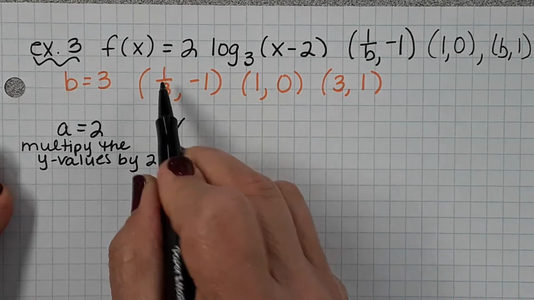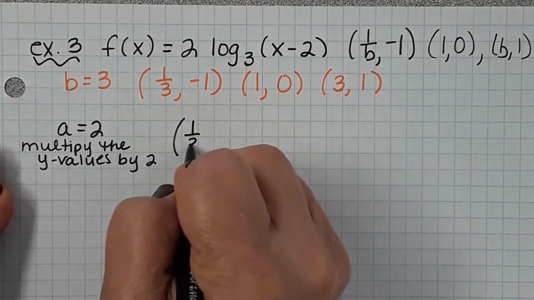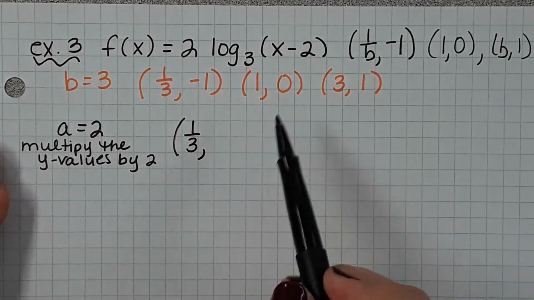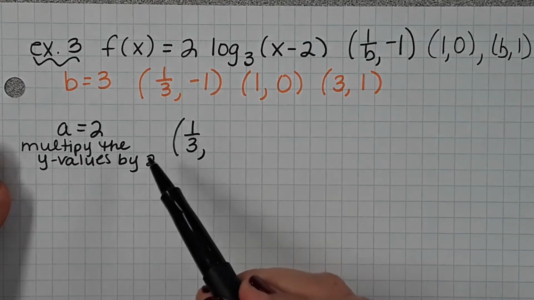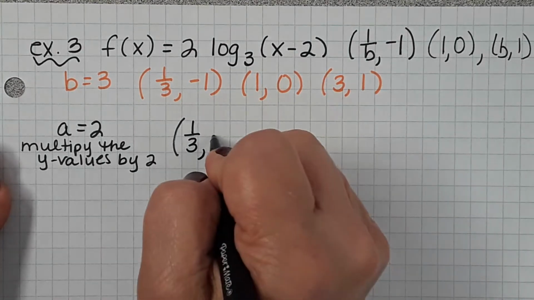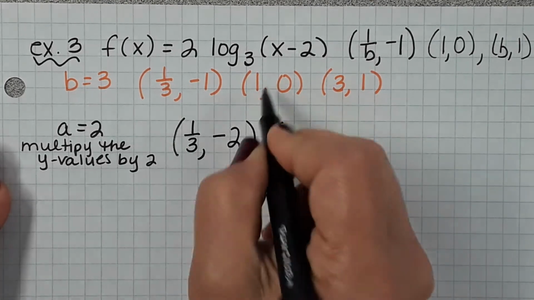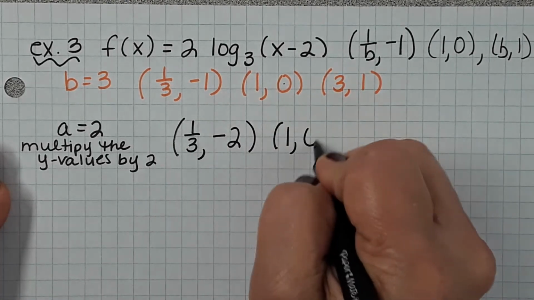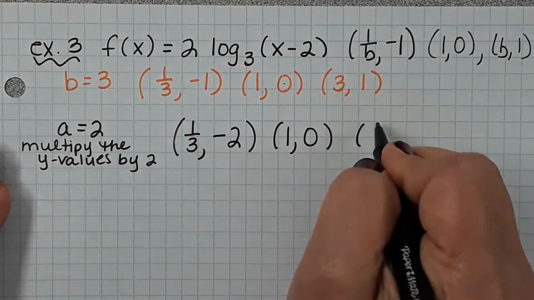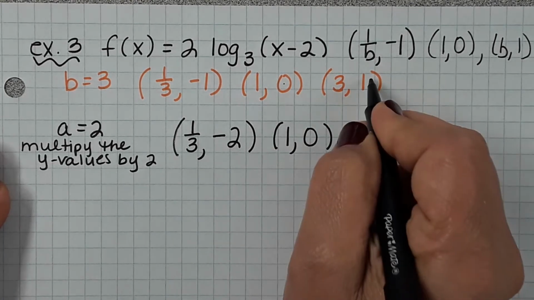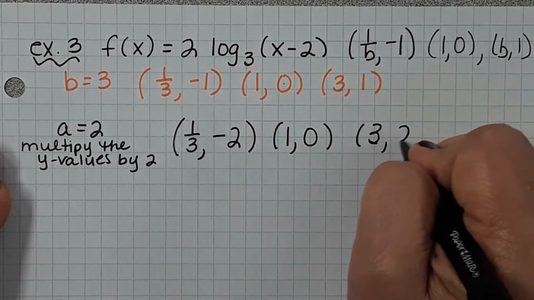So we're going to leave the X value, and we're going to multiply the Y value by 2. So 2 times negative 1 is negative 2. 0 times 2 is 0. The 3 stays the same. 1 times 2 is 2.